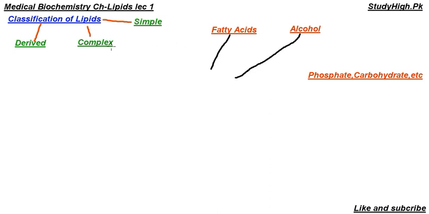But in complex lipids, there is also a third component other than fatty acid and alcohol. That may be a phosphate group, a carbohydrate, a sulfate group, or some other group.